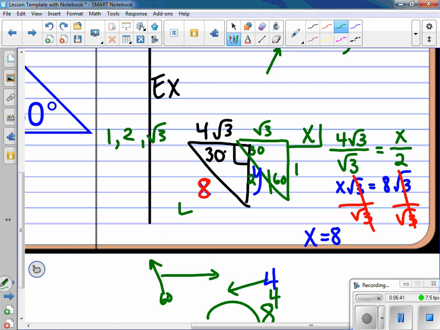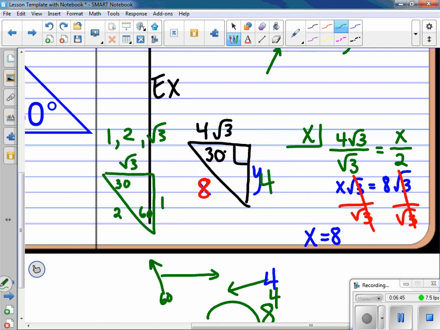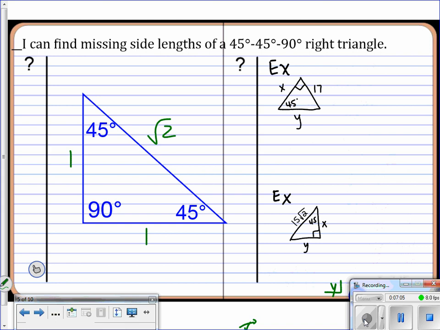That means every side is 4 times bigger. That means 4 times 1, which gives me 4, and 4 times 2, which is 8. Now, it's not always that simple, but you can start seeing that kind of pattern, and it makes it a little bit simpler. For now, on your work, to get credit, you're going to have to show me proportions. That's what I'm going to be looking for to give you credit.